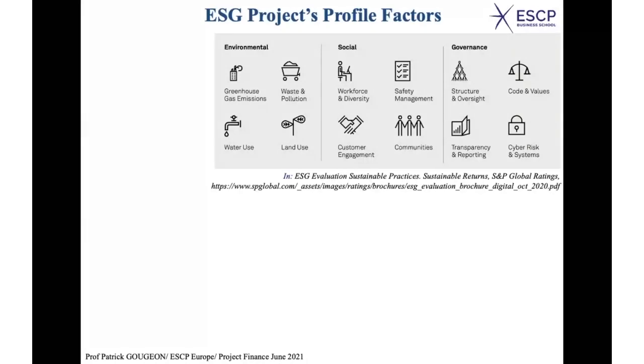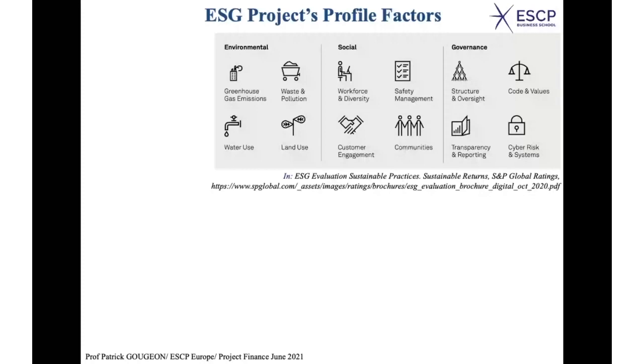And you have all the elements that can be taken into consideration in this economic impact: greenhouse gas emission, waste pollution, land use, water use. All these things are considered for a project. We try to assess the impact of the project on all that.